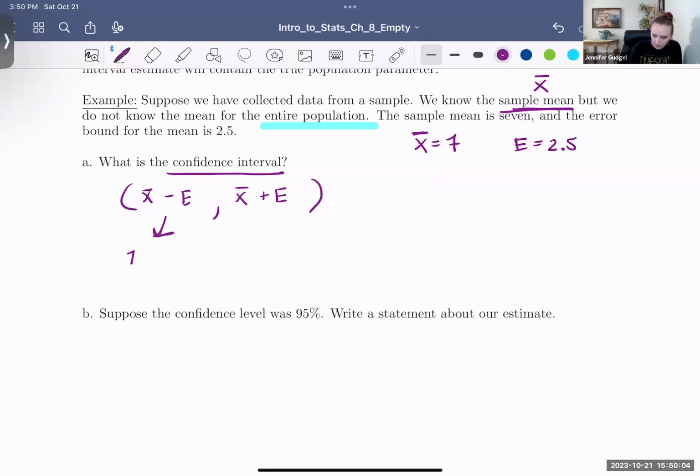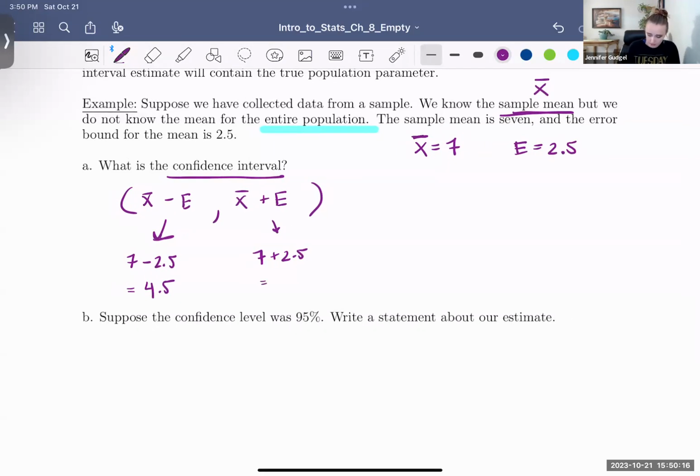This was 7 minus 2.5, and this was 7 plus 2.5. That's equal to 4.5 and 9.5. So my final answer, my confidence interval, is going to be 4.5, comma, 9.5 in parentheses.